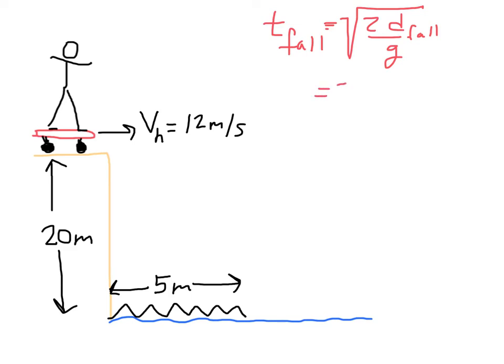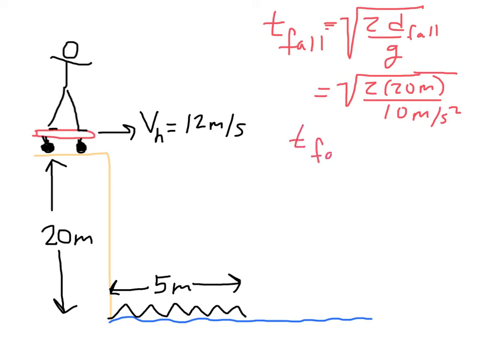So in order to solve this, we're going to take 2 times 20 meters divided by 10 meters per second squared. So 2 times 20 gives us 40, divided by 10 gives us 4. The square root of 4 tells us that the time to fall equals 2 seconds. It's going to take 2 seconds for them to drop.